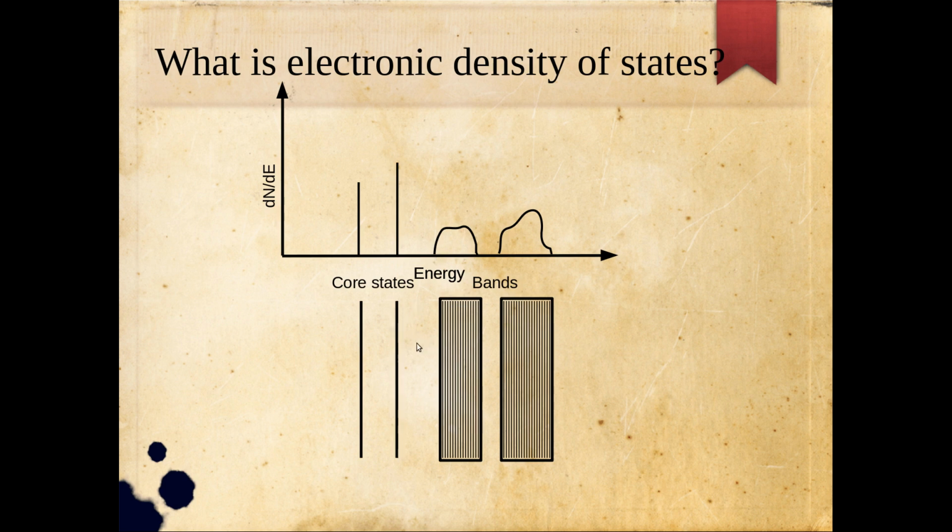Where there are no states, you would find that the density of states is 0. Similarly, the density of states between any two bands is also practically 0.